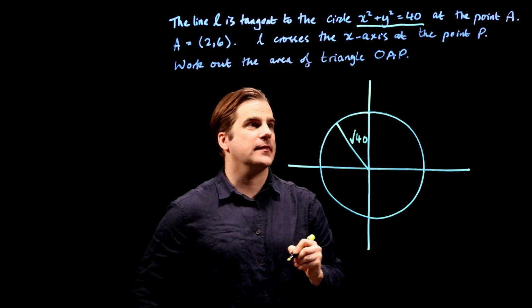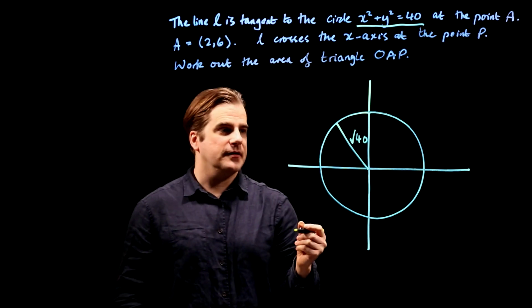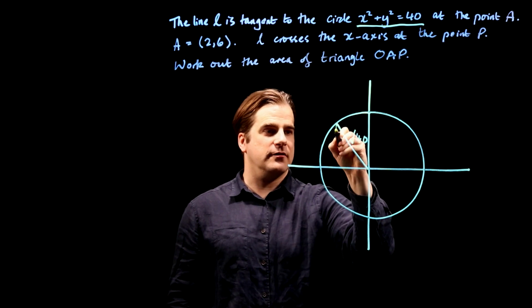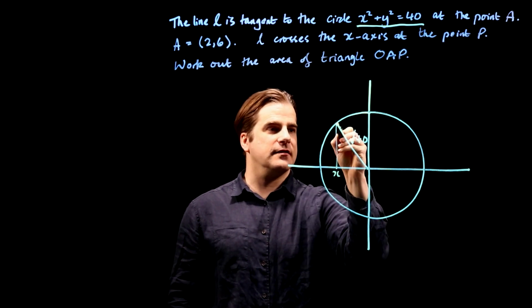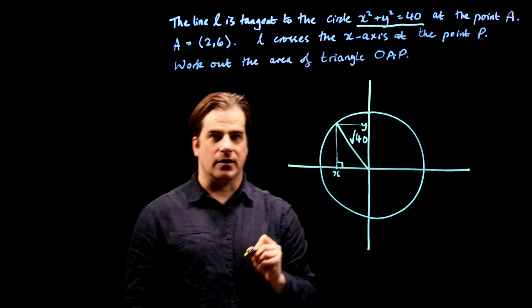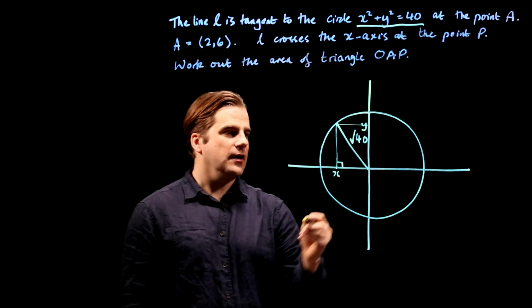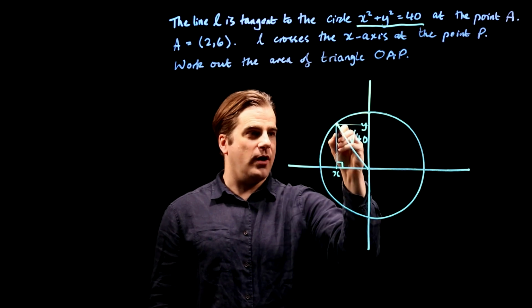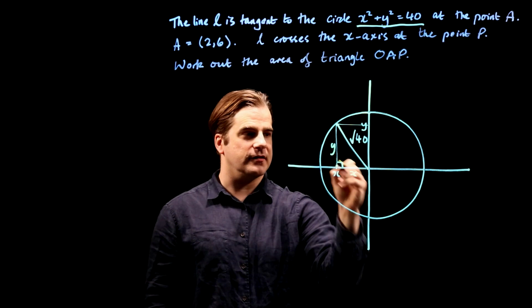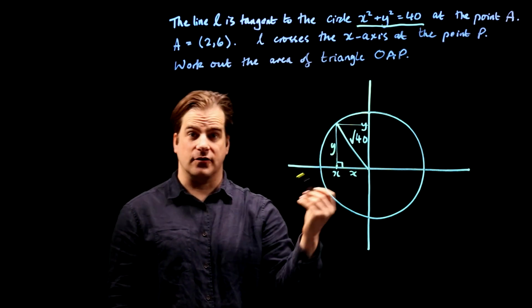The reason is, at any point on the circle, you've got the point x and y. That's a right angle. You can see that that's y there, and that's x there, these distances. It's a right angle triangle, so it's Pythag.